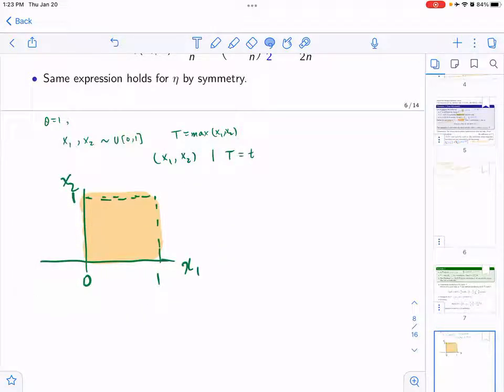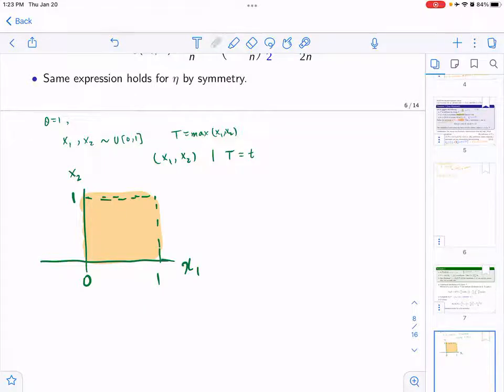So how do we compute the joint distribution of x1 and x2 given t equal t? Like describe, compute might be a little bit more ambitious. One of x1 and x2 has to be t, and the other one will vary from 0 to t. Okay, great.